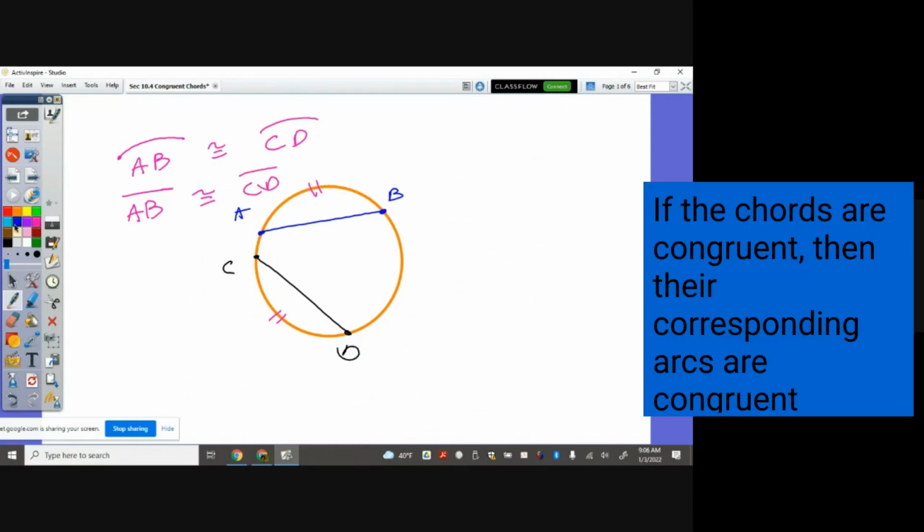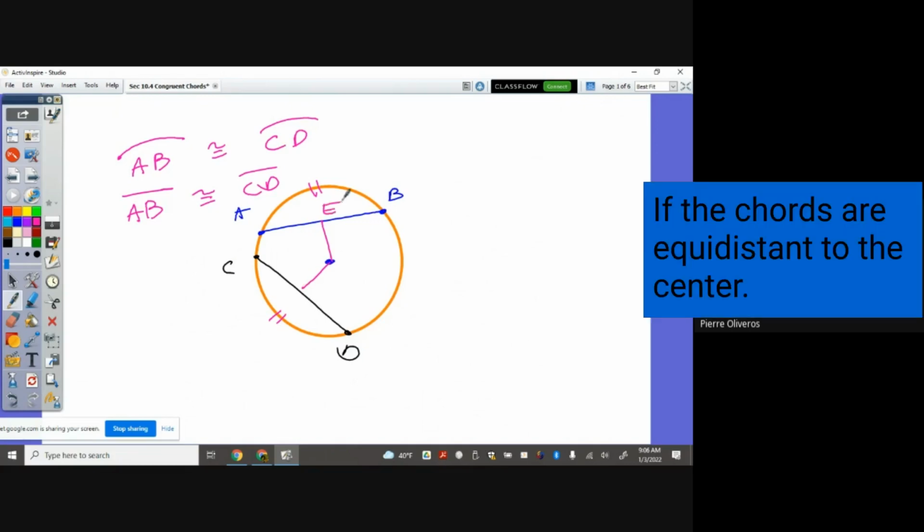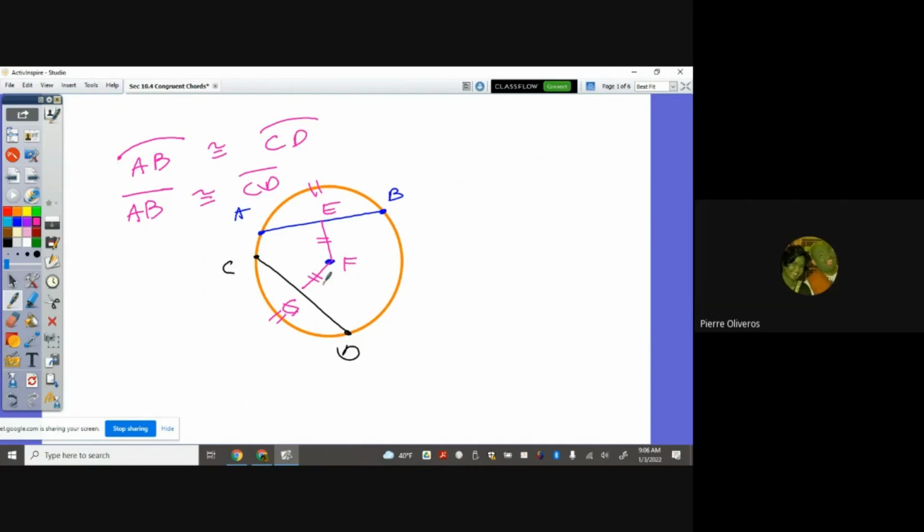Another thing for us to know if the chords are congruent is if the distance from the center is equidistant. Say if this is E and this is the center F and this is G, if EF and FG are equal, then we can say that the two chords are congruent.